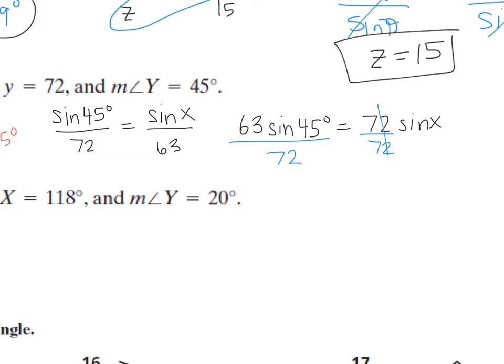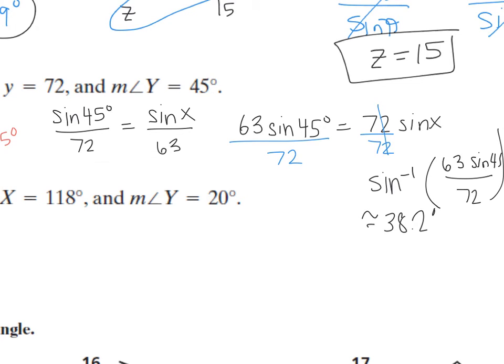So at this point, you want to go in your calculator and do sine inverse of 63 times the sine of 45 all over 72. And I get approximately 38.2 degrees. So again, you want to make sure that you're in degree mode.